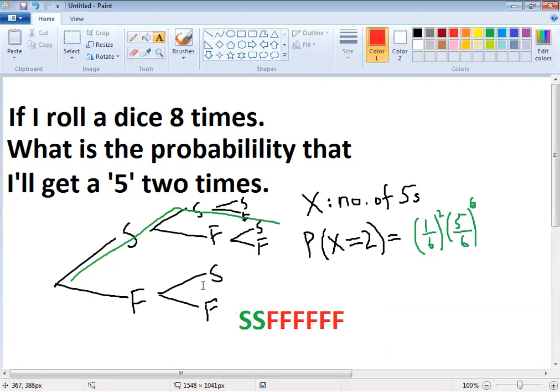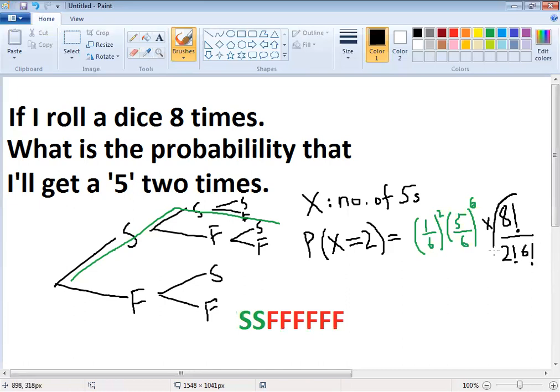So how many arrangements are possible with 2 successes and 6 failures? इसकी जगह हम लगाएंगे 8 factorial upon, because 2 successes are identical, 2 factorial into 6 factorial again, because 6 failures are identical.